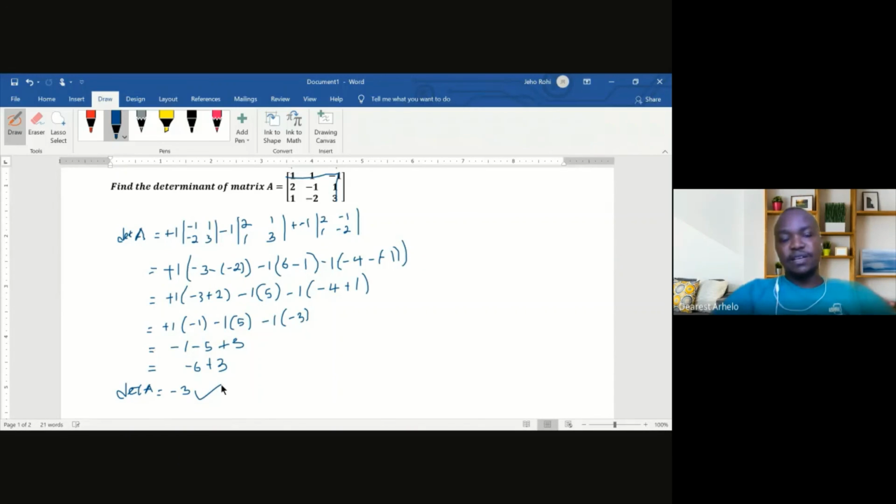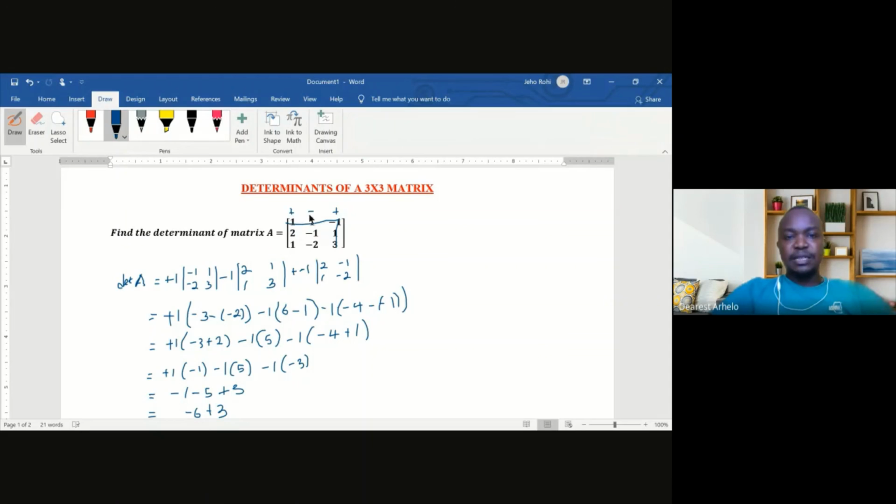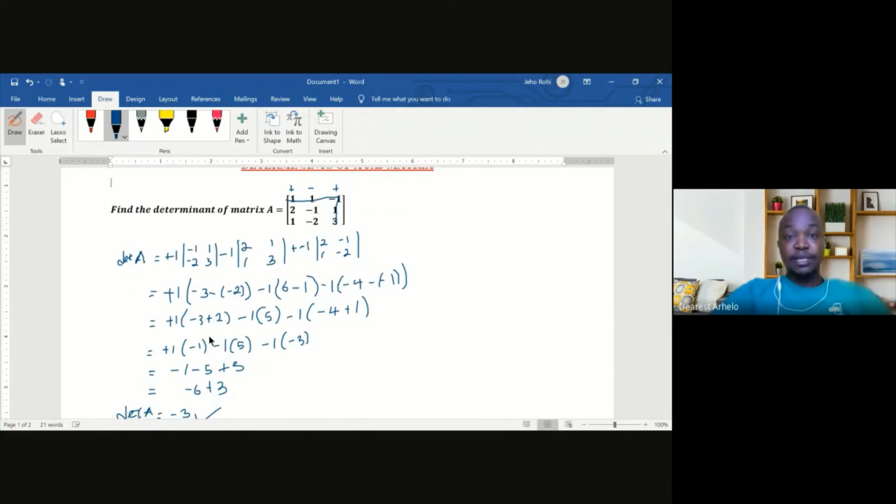This is our final answer. The first step is to know the sign pattern on the matrix, which is plus, minus, plus. Then step 2 is to break the matrix into 2 by 2 matrices, and from there we can easily find the determinant of a 3 by 3 matrix.